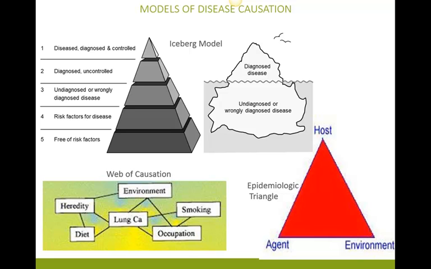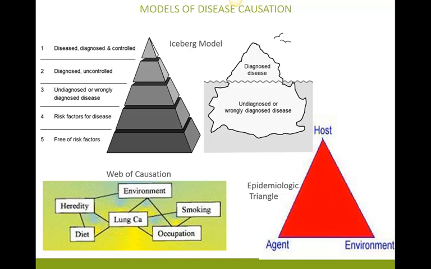The iceberg model indicates that at any given time there are a small number of known cases of a disease. These known cases are visible above the waterline. But the greatest threat comes from the greater amount of unknown cases, which is below the waterline.